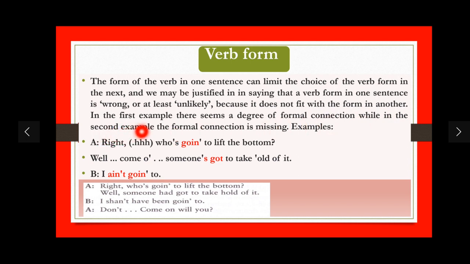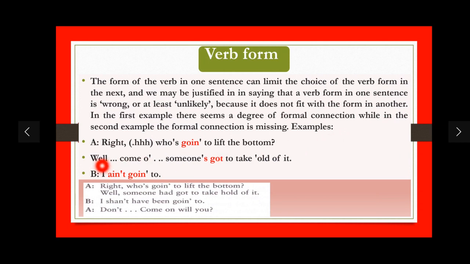So in the first example, there seems a degree of formal connection, while in the second example, the formal connection is missing. Here we have an example of how a formal link is built and how a formal link is missing. Let's discuss it.